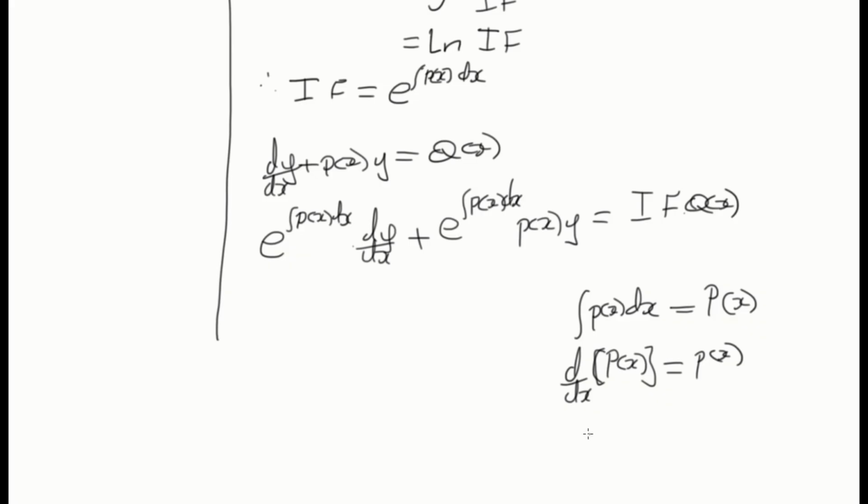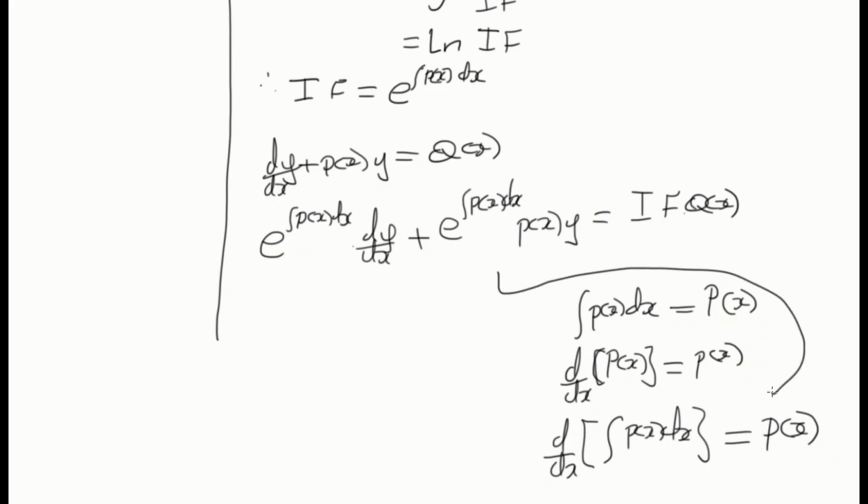So the derivative of the integral of p of x dx is the small p of x, which is therefore what you have here. The derivative of all of this top part is a small letter p of x that you have here, right?